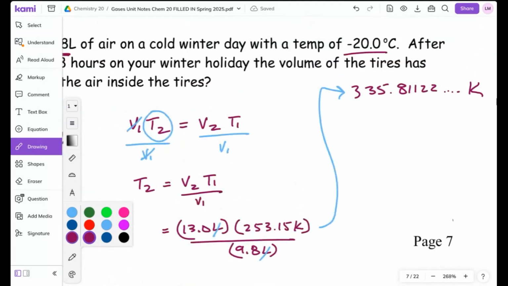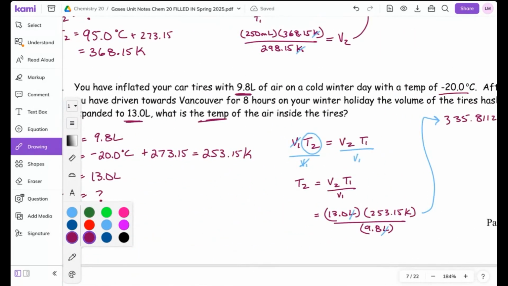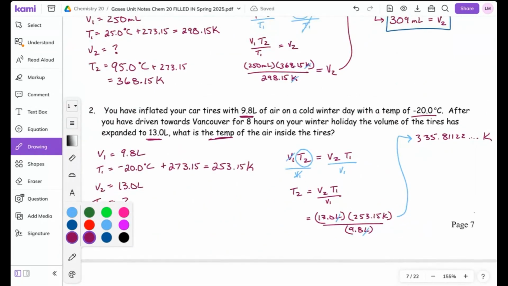Alright, so if we look at the given numbers in our question, you might think to yourself, oh, there's the number 8 in our given numbers, so that must mean that our answer should only be in 1 sig dig. No. The reason being is because we didn't use 8 hours in our calculation.